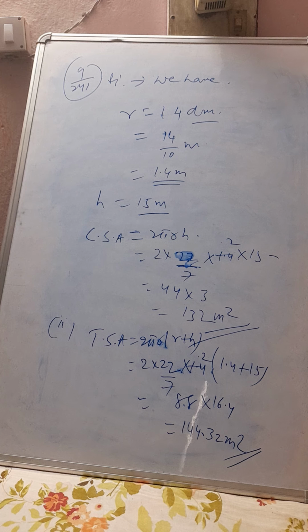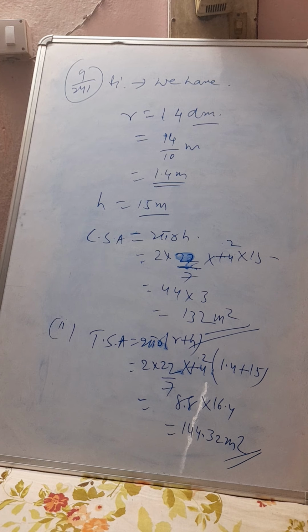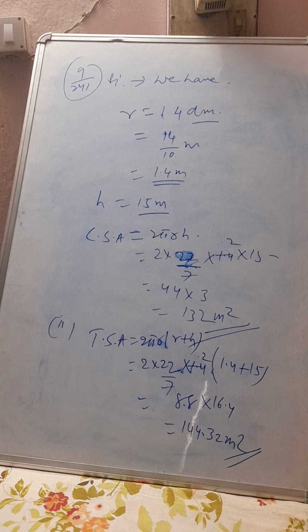Hence, the curved surface area of the cylinder is equal to 2 pi RH. After solving it, we have the same result: 2 into 22 by 7 into 1.4 into 15, which will be equal to 132 meter square. As well as the total surface area of this right circular cylinder is equal to 2 pi r into r plus h.